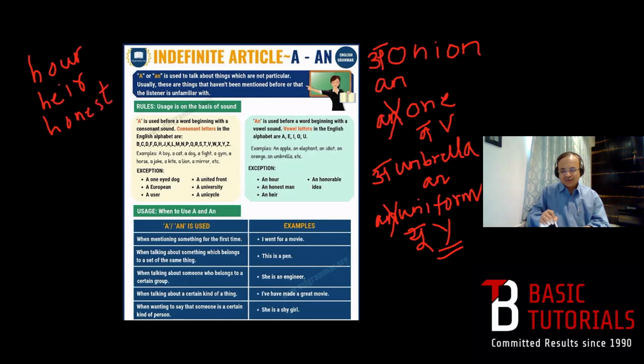Everywhere, how do we pronounce it? We don't say "hour" with an H, we don't say "hair", we don't say "honest" with an H. We say our, air, onest. So since these are vowel sounds, you're supposed to put an here.